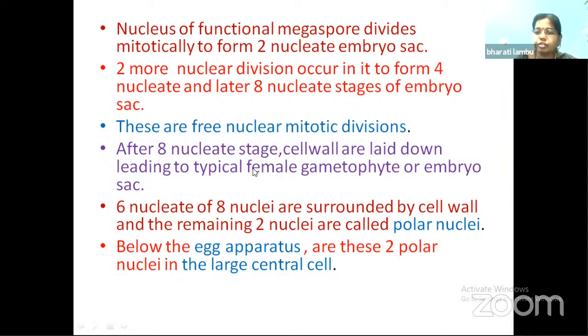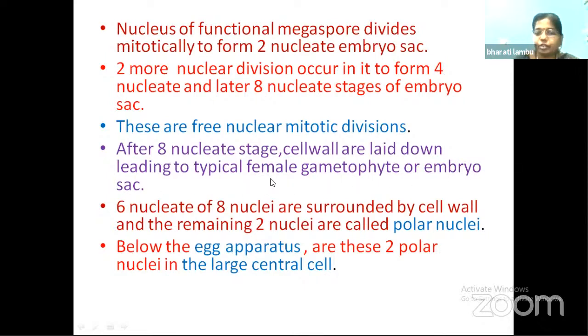So it is called an 8 nucleate 7 celled embryo sac. We'll see that now. After this free nuclear mitotic division is over, cell wall is formed around the nuclei and it forms a typical female gametophyte or the embryo sac.